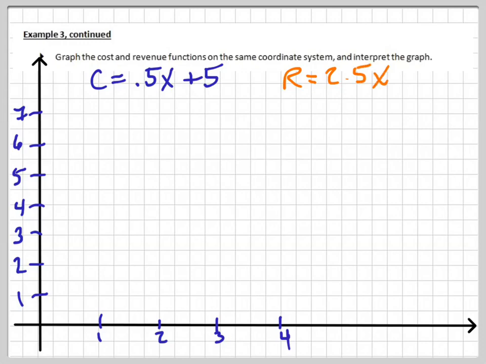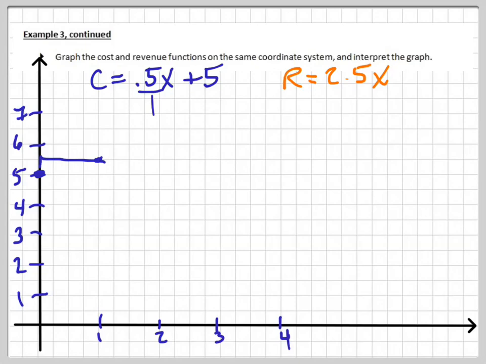Okay, so graphing my cost, I have a y-intercept of 5, and then using my slope, I would go up 50 cents, up 0.5, and over 1 unit. All right, so that would be, keeping my scale in mind, all the way over here.